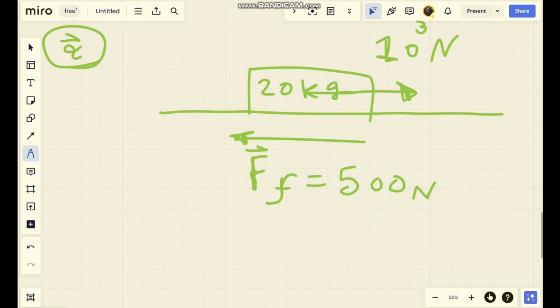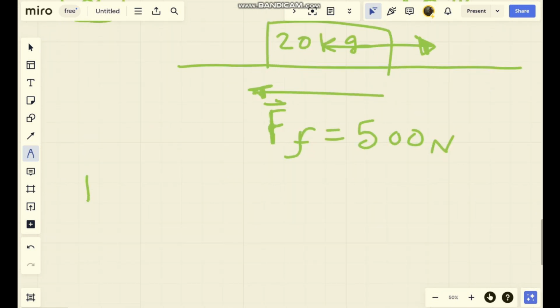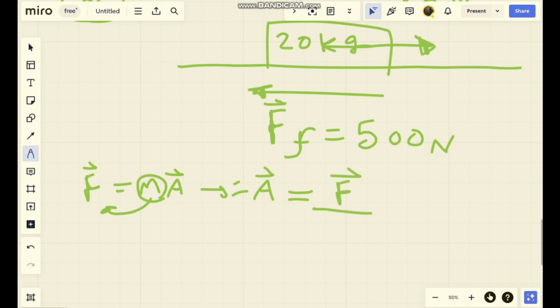So let's see. I have here two forces and I have mass. But let's focus carefully. I know from Newton's second law of motion that F equals ma. So if I want to solve for acceleration, a equals F over m.